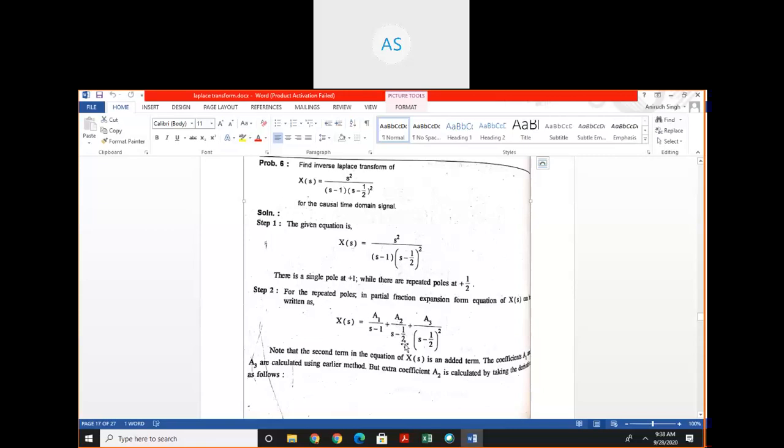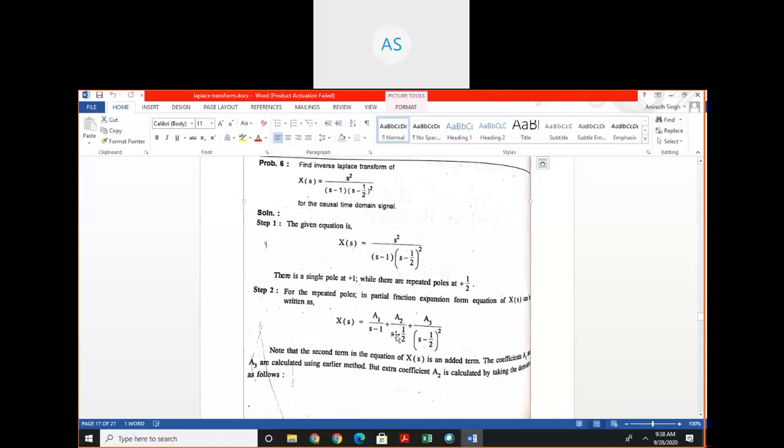For repeated poles, x of s is written like this in partial fraction form. A1 divided by s minus 1 plus A2, what is this, your repeated pole.